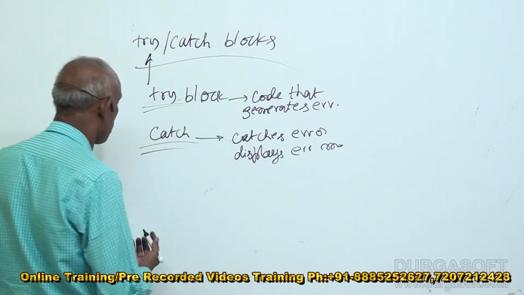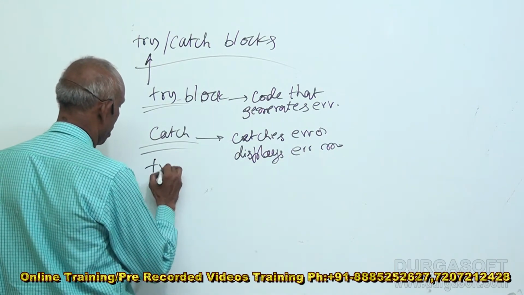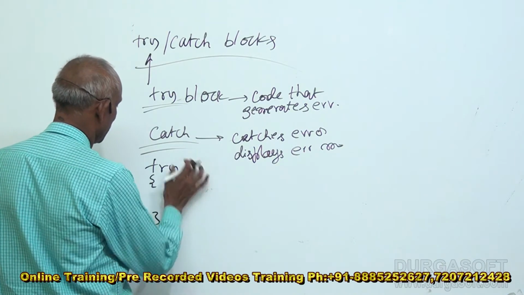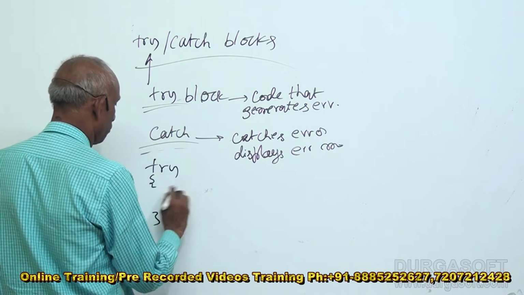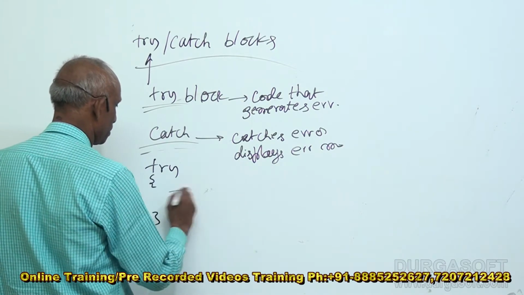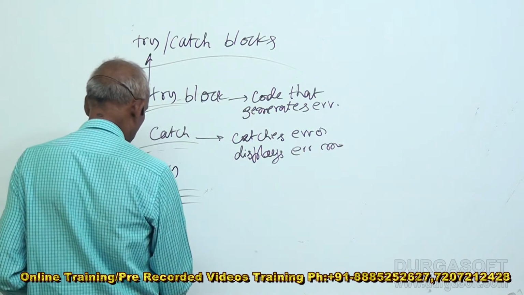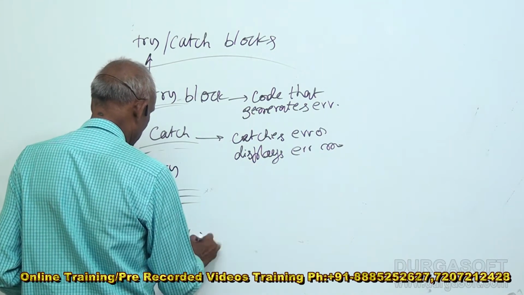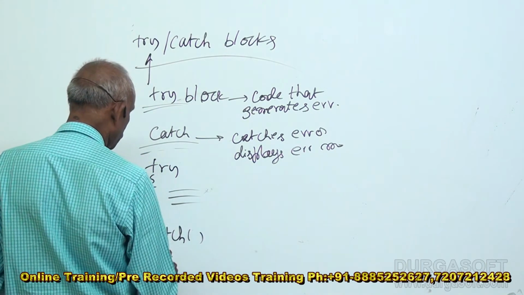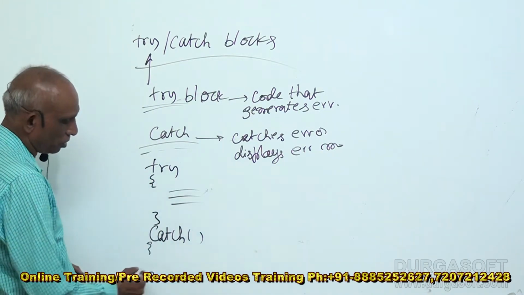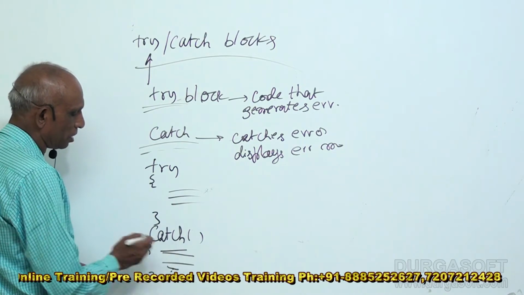What does a block mean? There will be try, and a block means an opening brace and a closing brace. This is called the try block, and whatever code can generate an error is written within these two braces. Then there is a catch block, with an opening brace and closing brace, and the code that displays the error is in the catch block.